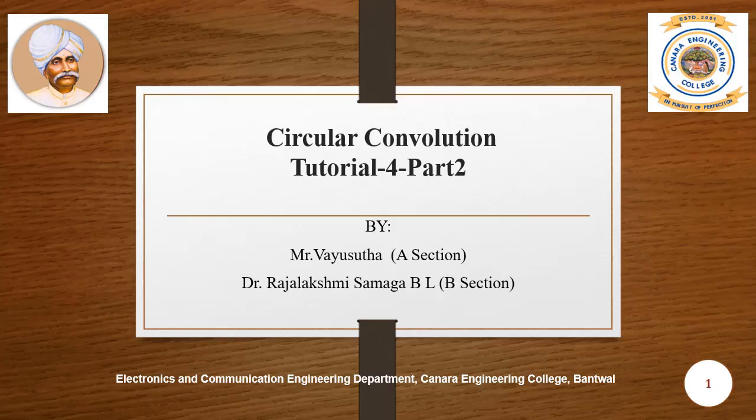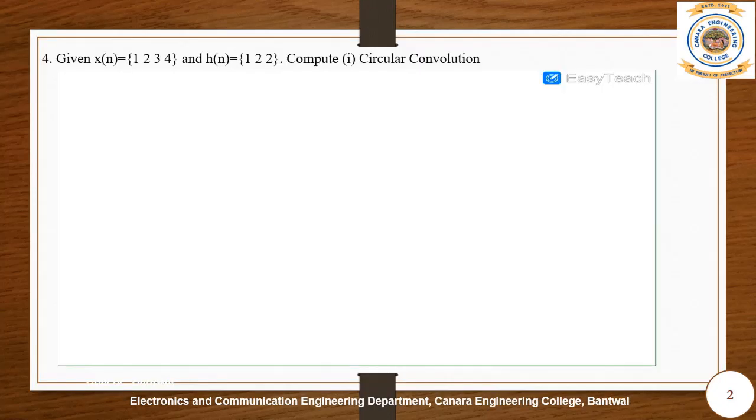This is part 2 of tutorial number 4, that is a circular convolution. Let us begin with the fourth problem, where we need to find out y of n. It is a circular convolution of x of n with h of n.